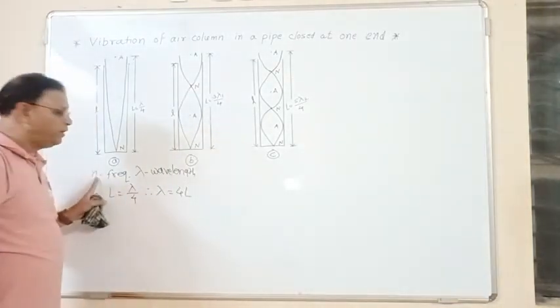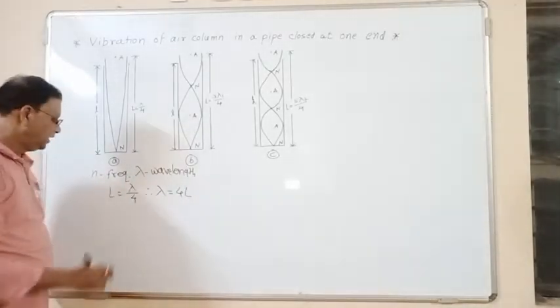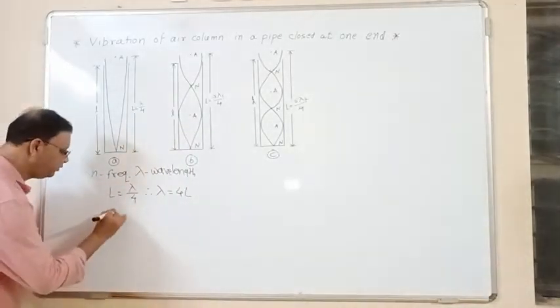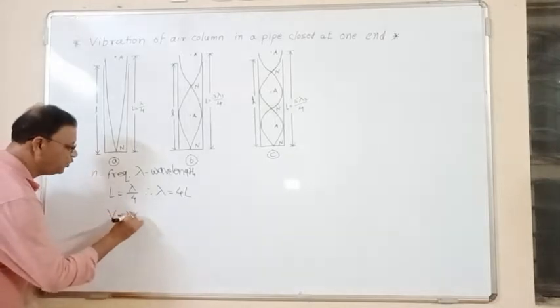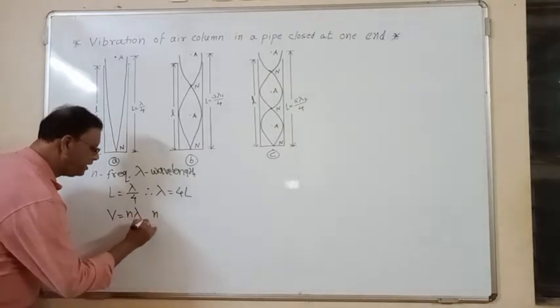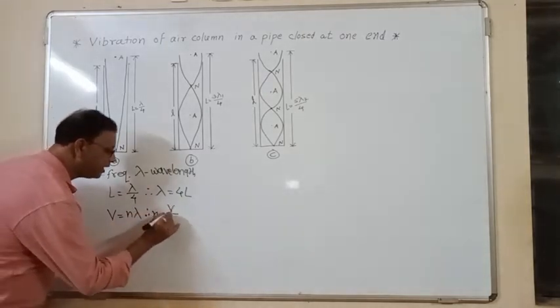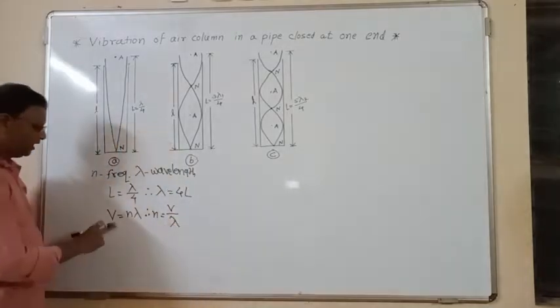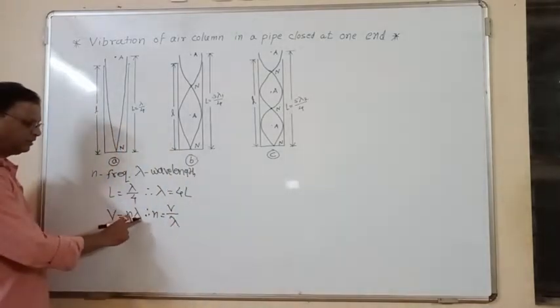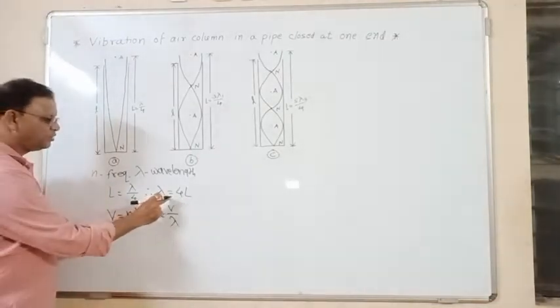As n is the frequency of vibration and lambda is the wavelength, then v, the velocity of the wave, is equal to n lambda. Therefore n is equal to v by lambda, and lambda is equal to 4L.